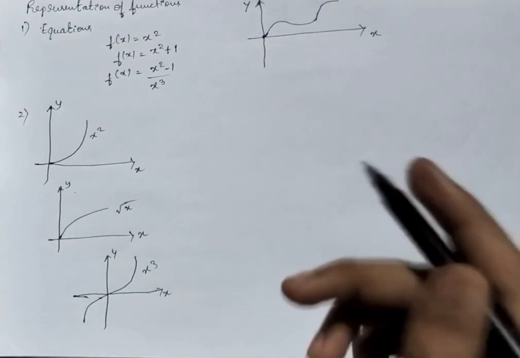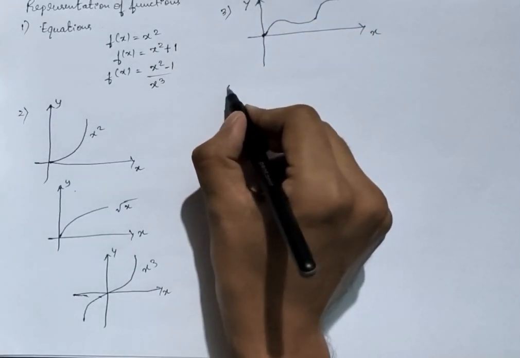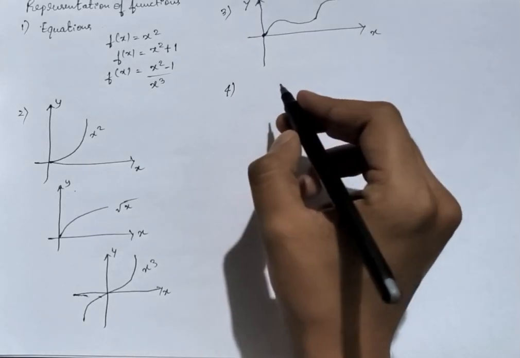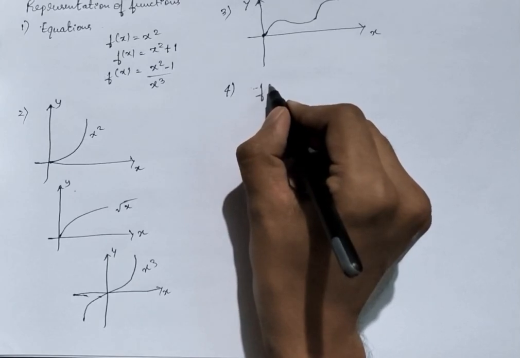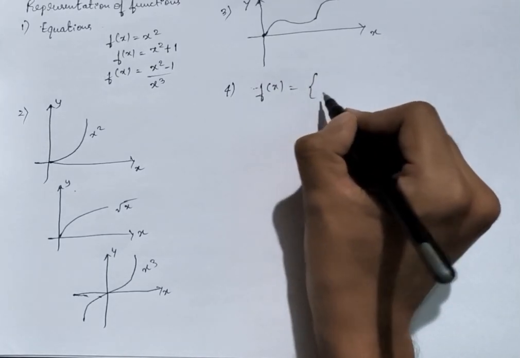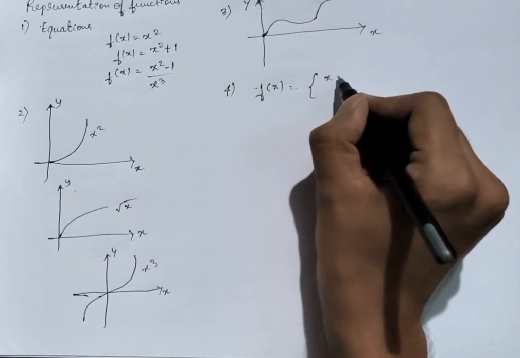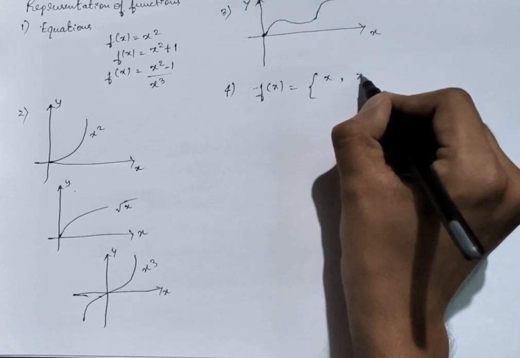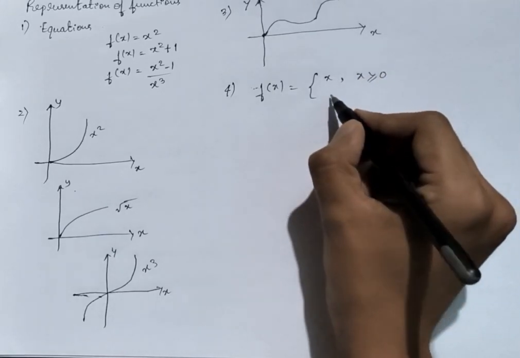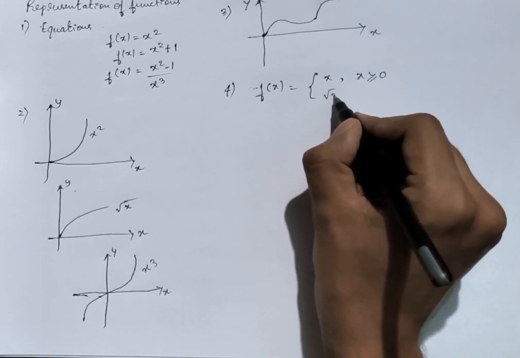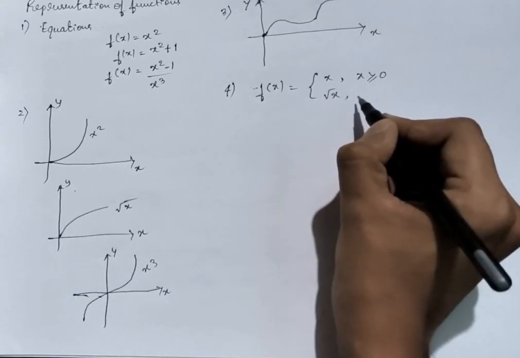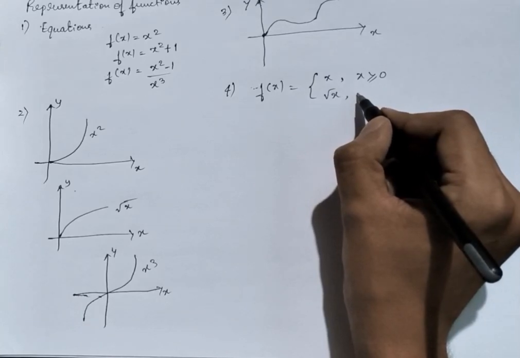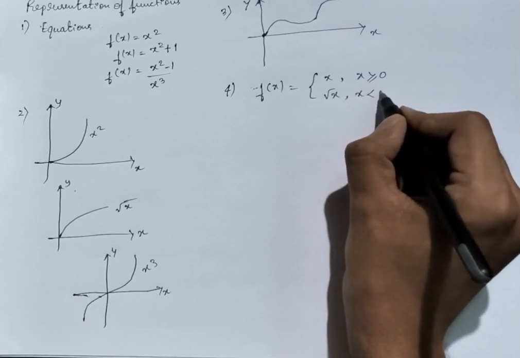Fourth way, that is piecewise function. Consider f of x is equal to x at interval x greater than or equal to 0, root x for x lesser than 0.